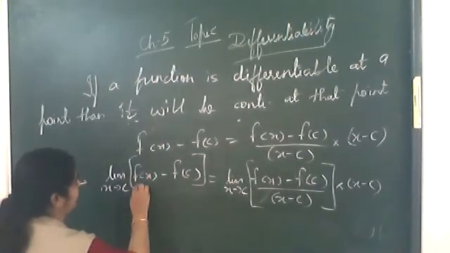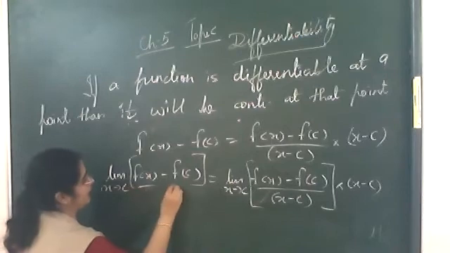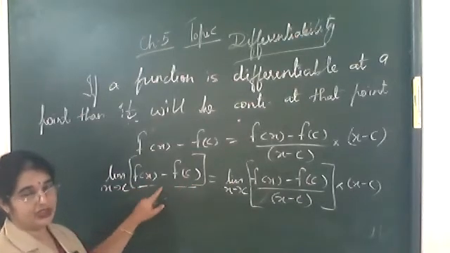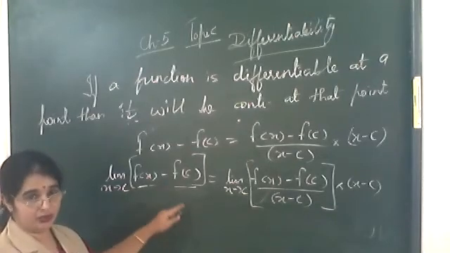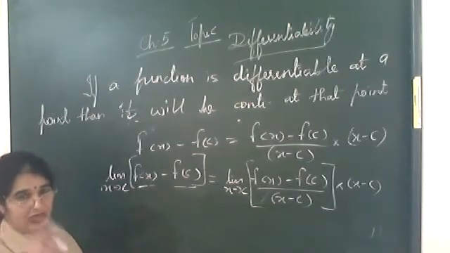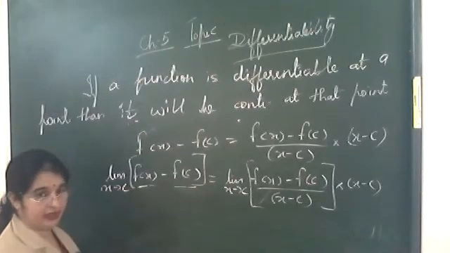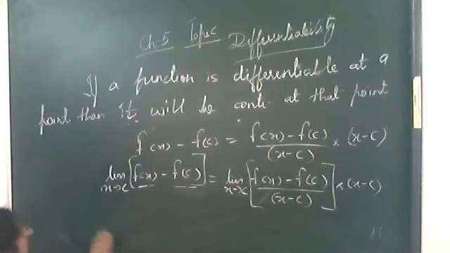Now just say we have done algebra of functions. If we have two functions, their addition, subtraction and multiplication will also be continuous, that we have studied. Now here we are not talking about continuity, we are talking about limit. Can we separate the limit? In 11th we have done. Yes, we can separate the limit. How can we write?